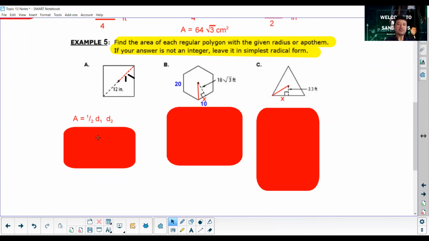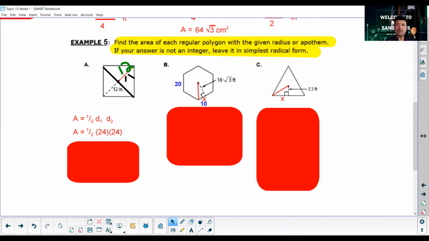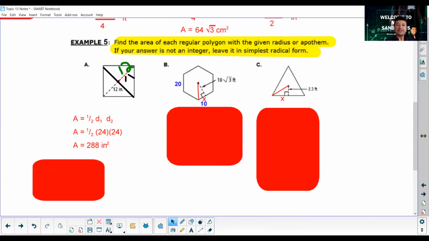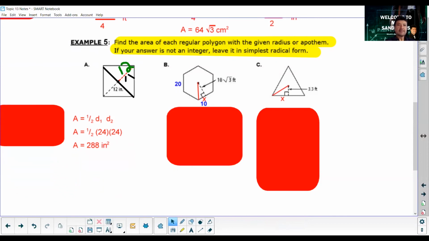Since we know that this is 12, this is 12 as well, so it's a total of 24. And these are all equal, so this other diameter is also 24. So it's going to be 1/2 times 24 times 24, so our area is going to be 288.